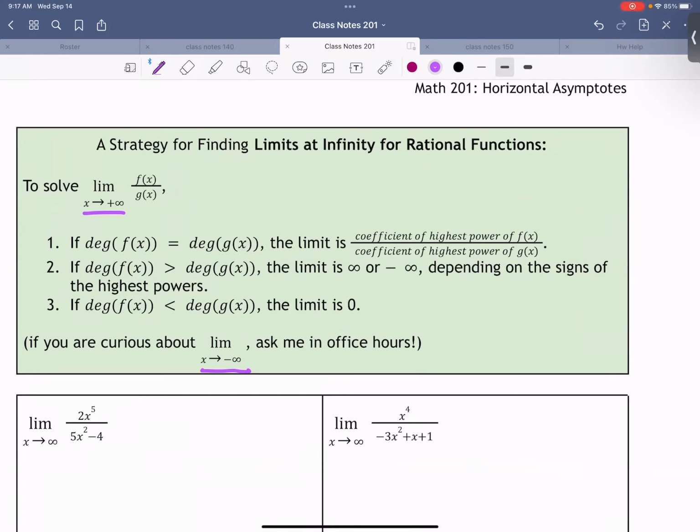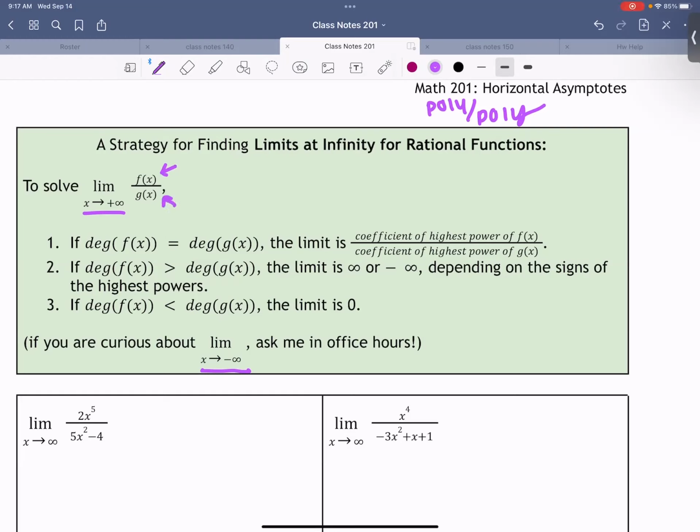So we have a limit of a rational function, which means a polynomial over a polynomial. The way we represent rational functions is we have f of x in the numerator, g of x in the denominator.